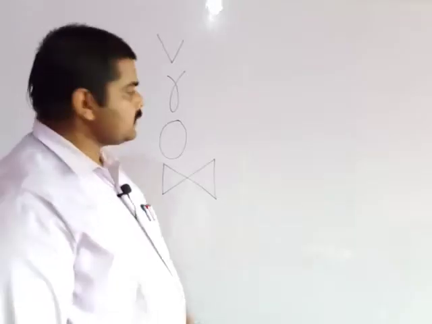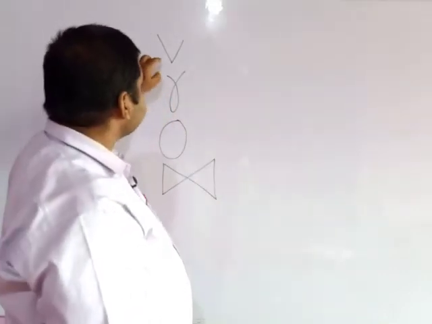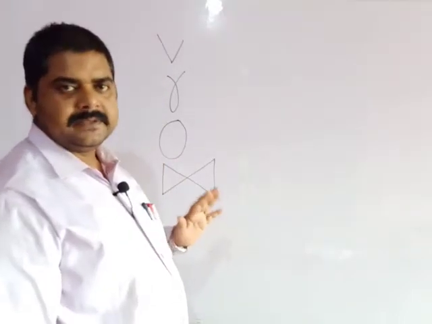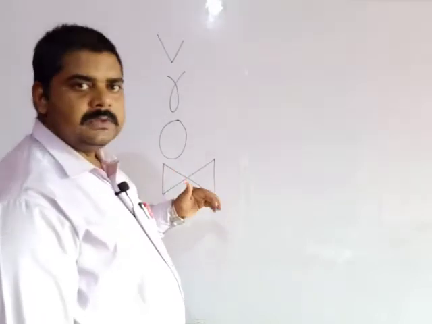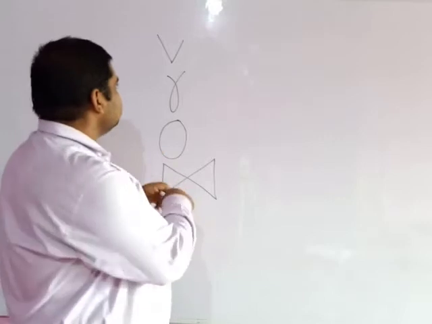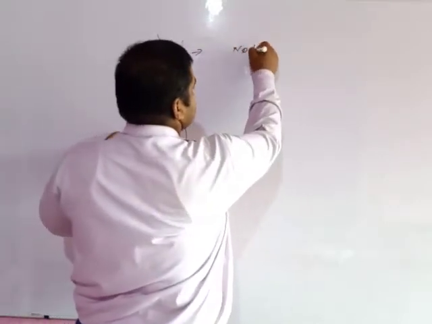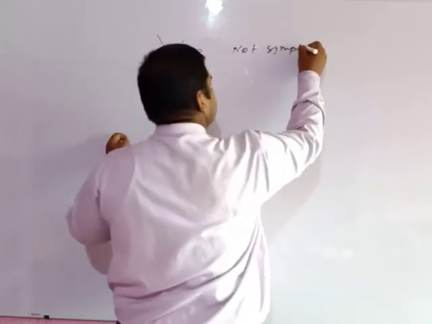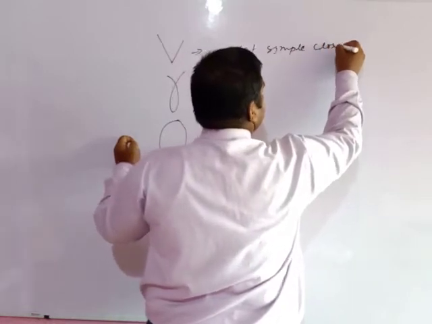My dear students, the first question that I have just taken has 4 figures, and these 4 figures are of different types. You can see that this figure is not closed, so it cannot be considered a simple closed figure.